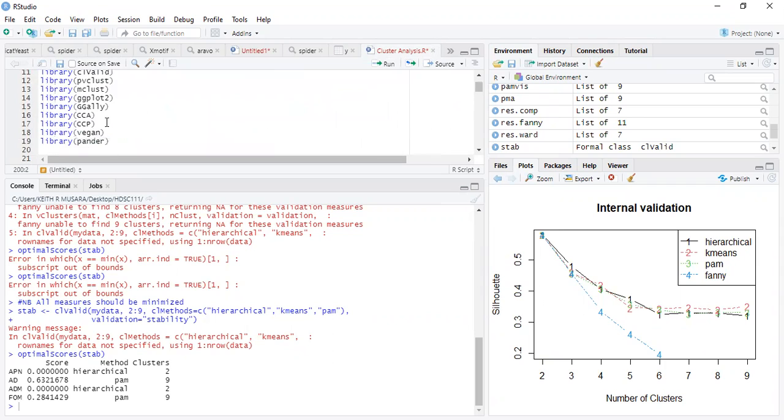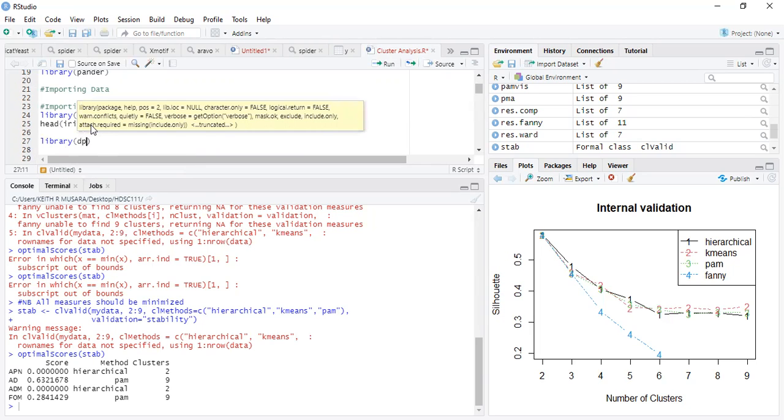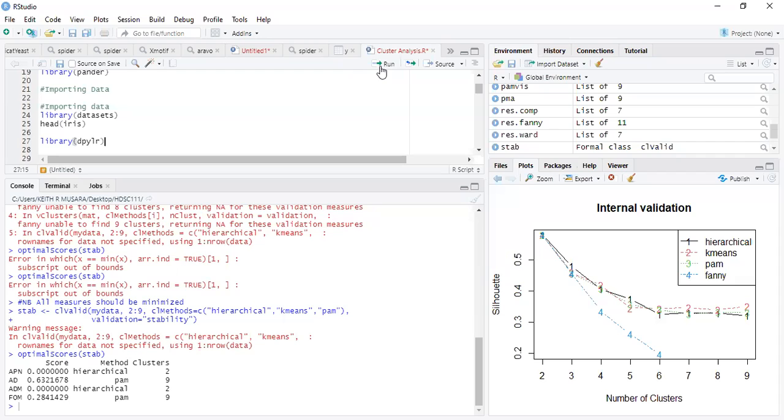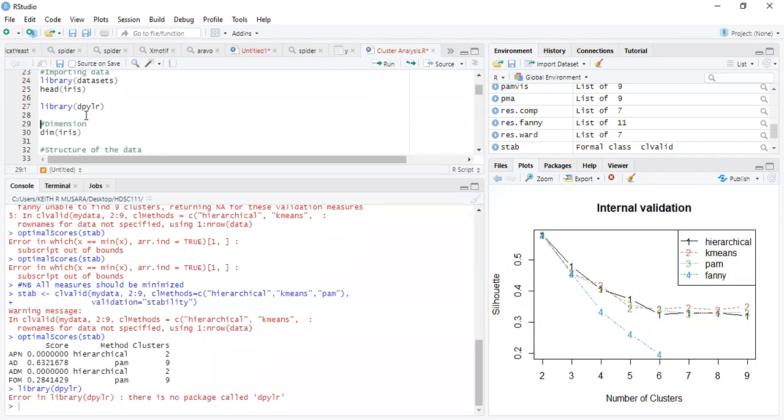I'm sure if you use glimpse, you can visualize better. I think glimpse requires the dplyr library. What's the spelling of dplyr?